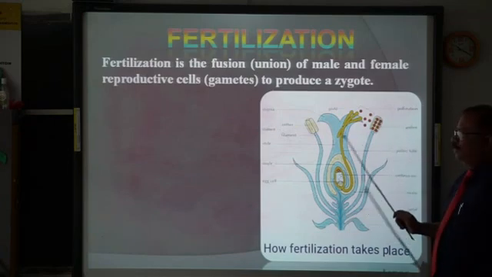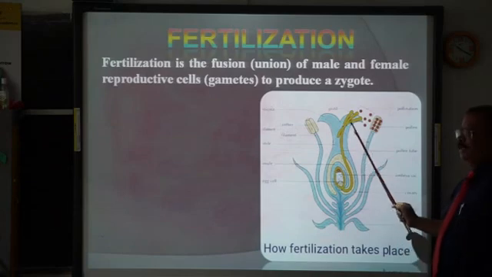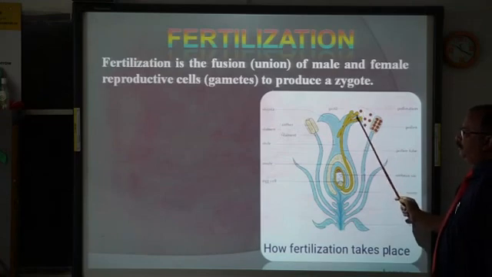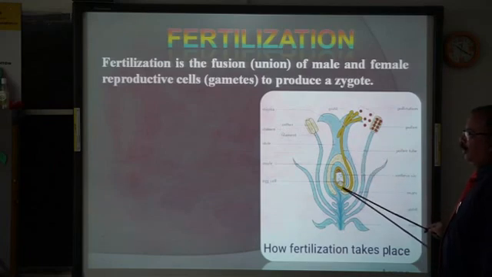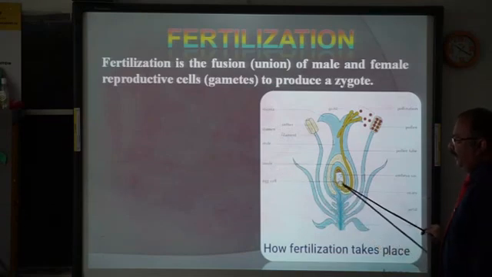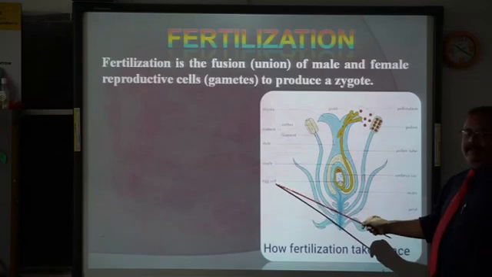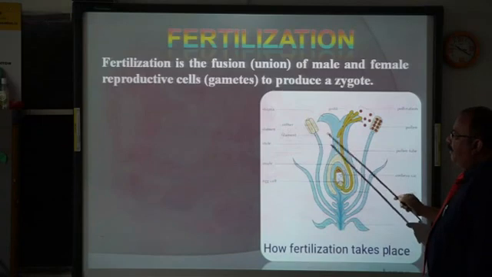In the previous class I told you the transfer of pollen grains from the anther to the stigma is called pollination. So what happens here? The pollen grains are transferred from anther to the stigma. Okay? This is the female part, stigma, style and ovary. Inside the ovary you can find the ovule here, and inside there is egg cell, that is the female reproductive cell or female gamete.